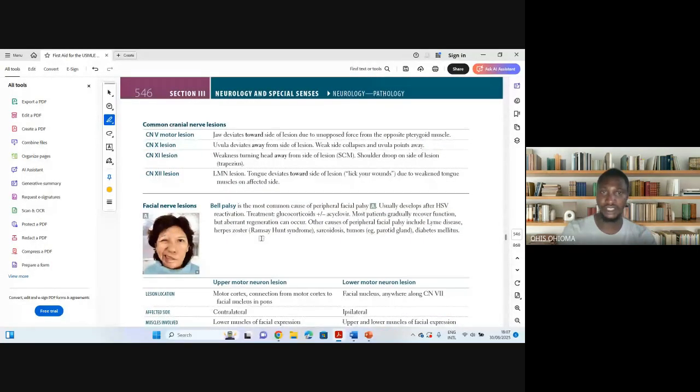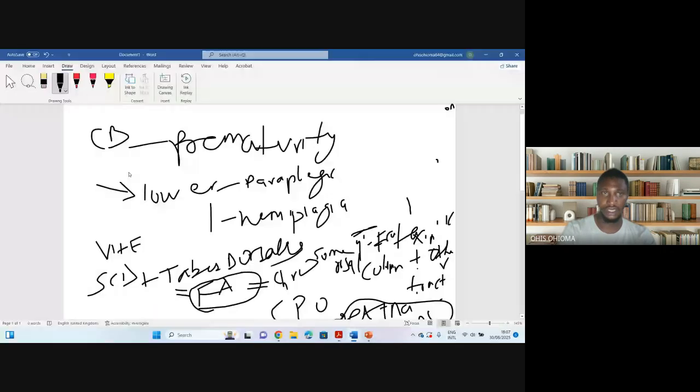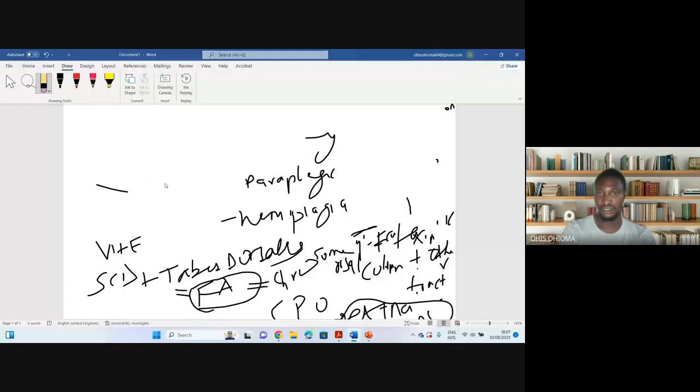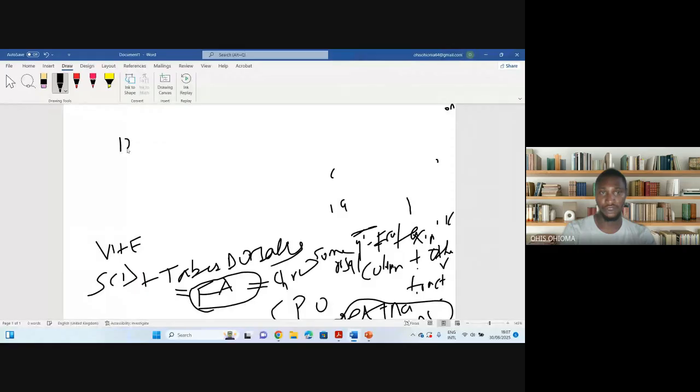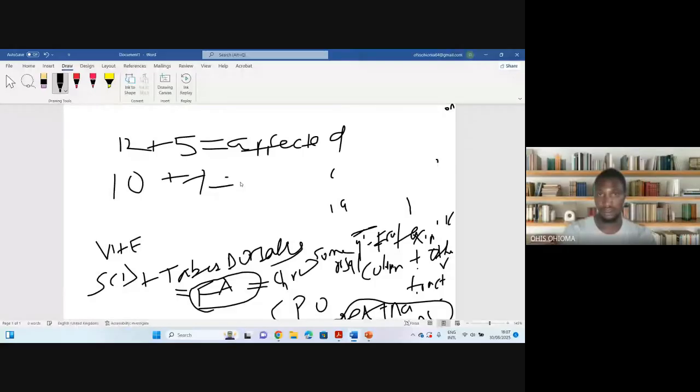I've explained this thing before, where I mentioned 12 plus 5 goes to the affected side, and 10 plus 7 goes to the unaffected side.